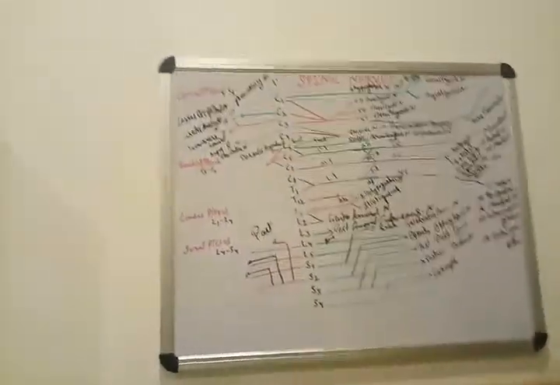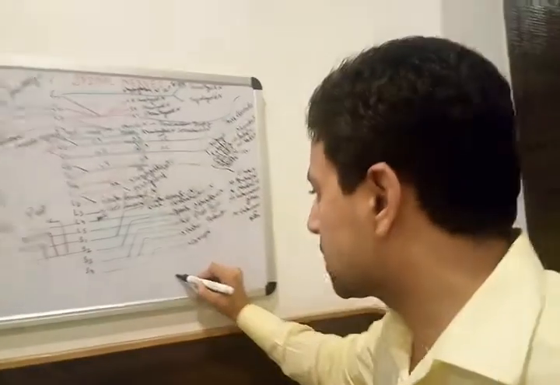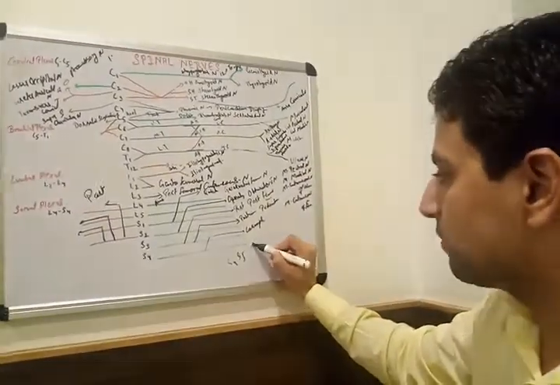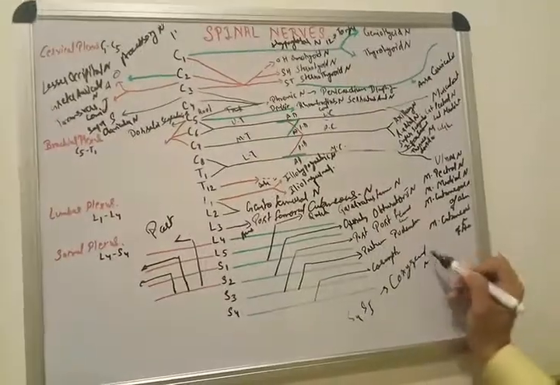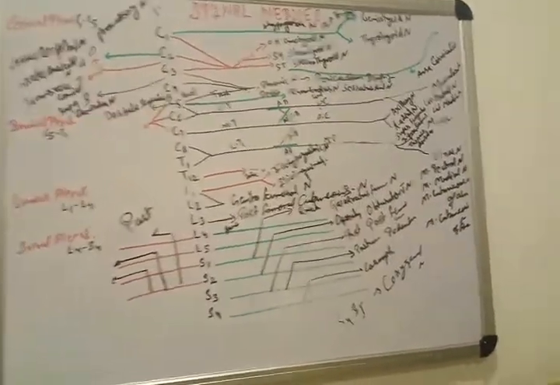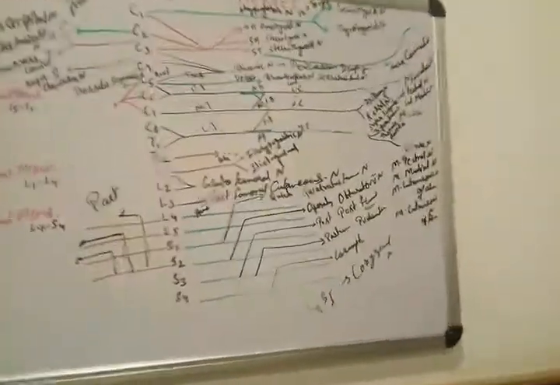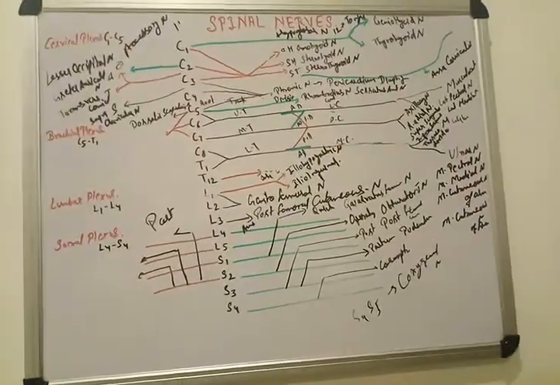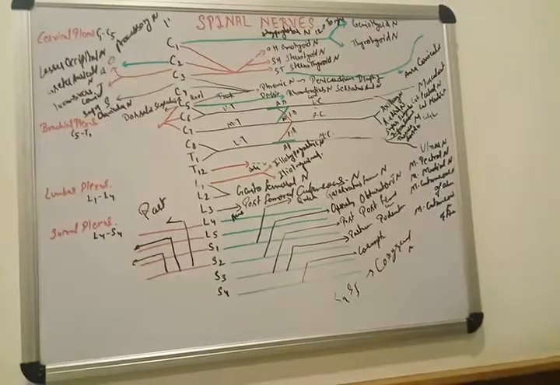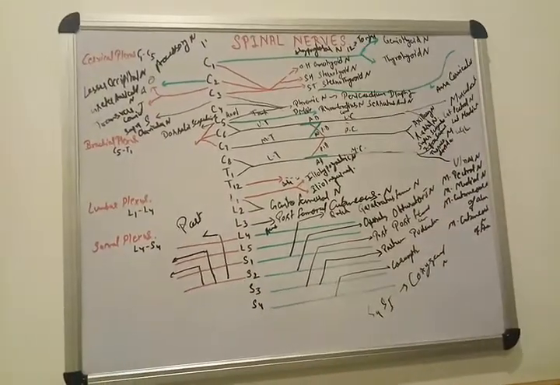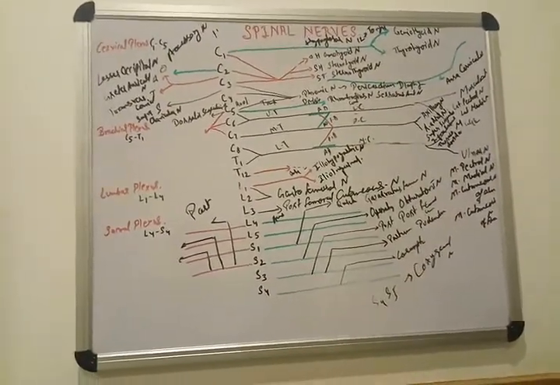Consumption, I am not sure, from S4 and S5 gives the coccygeal nerve. And this partum gives rise to the nerve known as the pudendal nerve. Okay, and it's really clear for you.